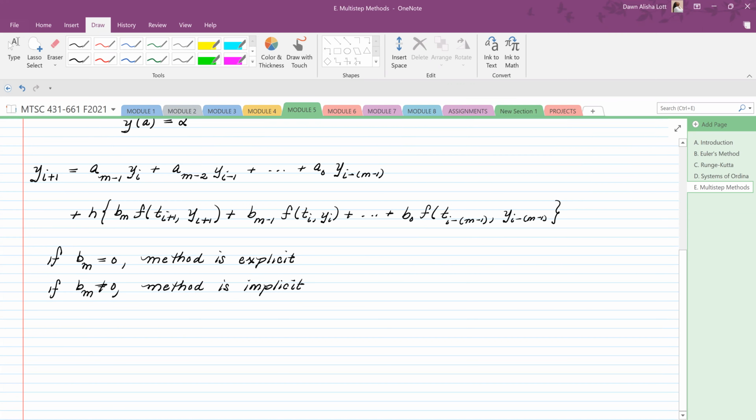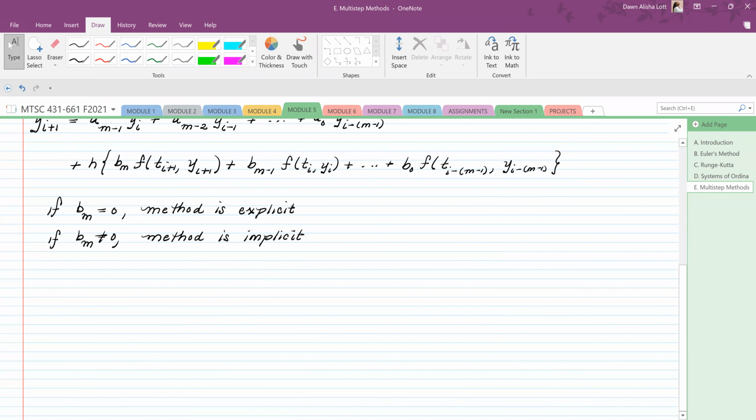I'm going to just show you a couple of methods. So the Adams-Bashforth. Let's do Roman numeral 1.